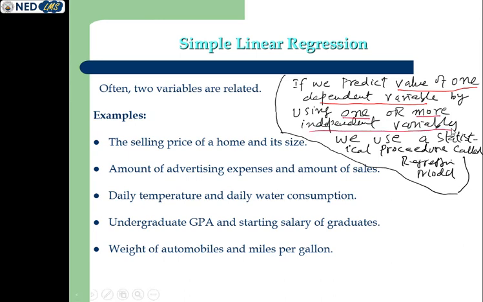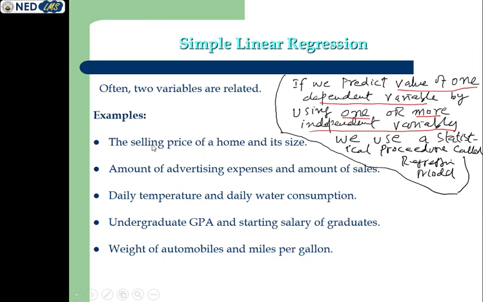So this is what we call the regression model. In a regression model, we always predict one dependent variable, but the independent variables may be one or more. In normal circumstances, the independent variable is also equal to one.